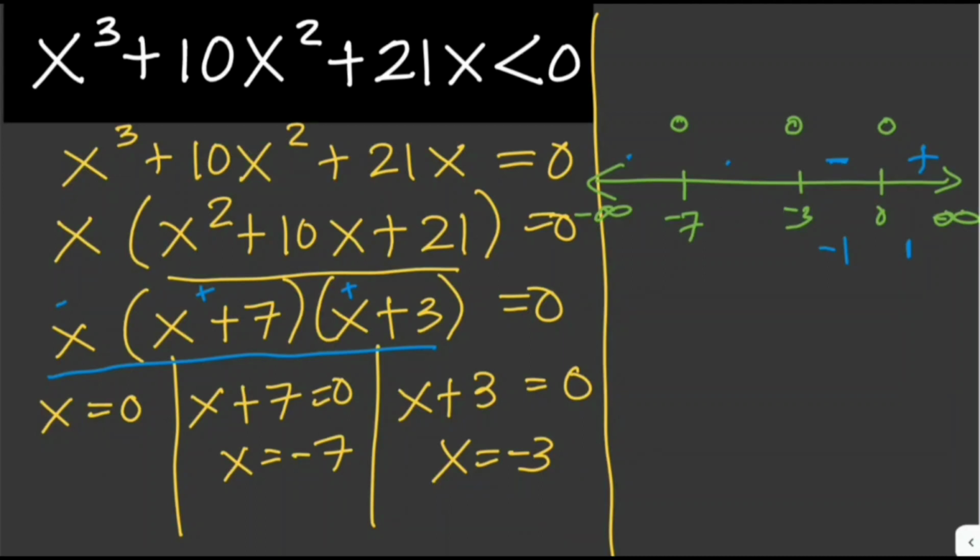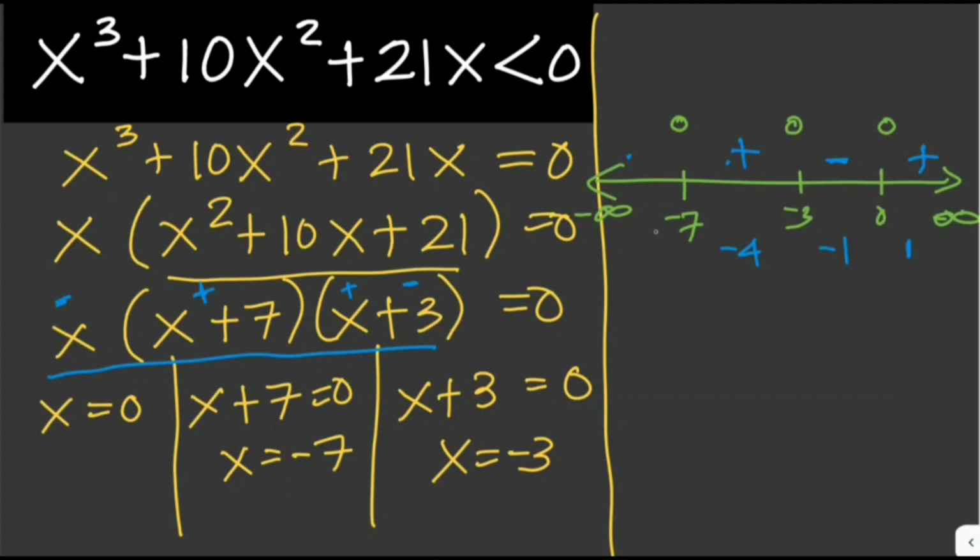And then we try one point between negative 7 and negative 3, let's say negative 4. We plug in here, this is negative. Negative 4 plus 7 is positive. Negative 4 plus 3 is negative. So negative times positive is negative, and then negative times negative is positive. Okay, you take note that when the highest degree of the polynomial is odd, then the signs are alternating, whereas when the degree is even, then the sign doesn't change.